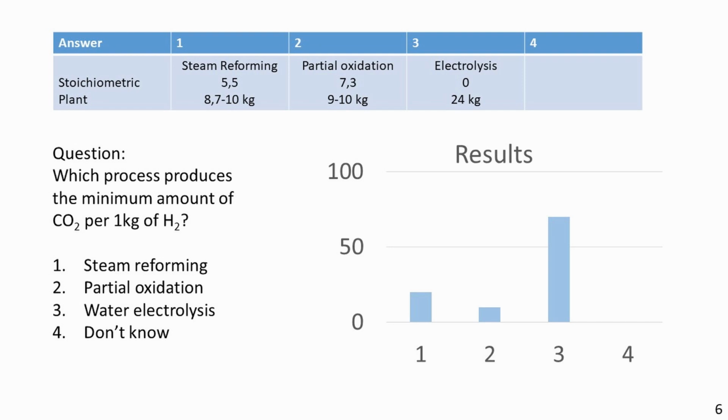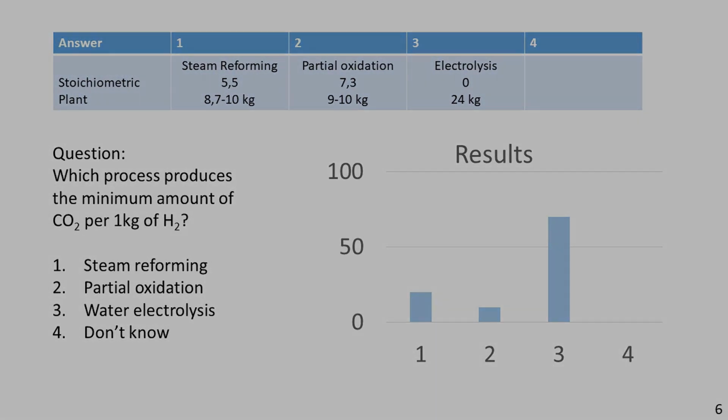Due to the relatively high H2 to carbon ratio in the methane molecule, it produces the least amount of CO2 emission per unit of hydrogen production compared to other technologies. However, even this process produces close to 10 kg CO2 per kilogram of hydrogen product.